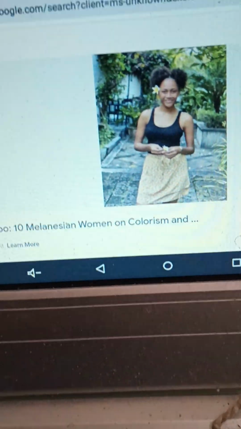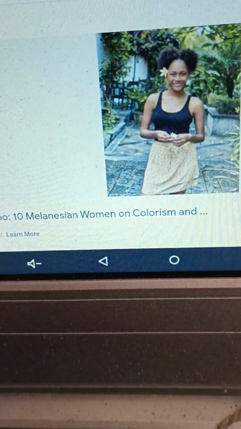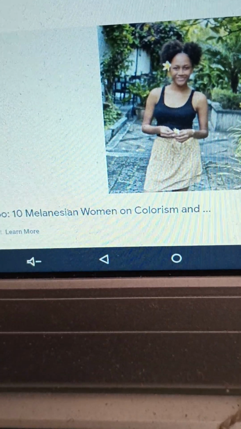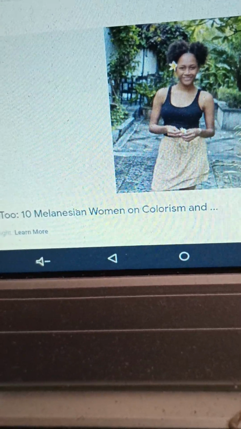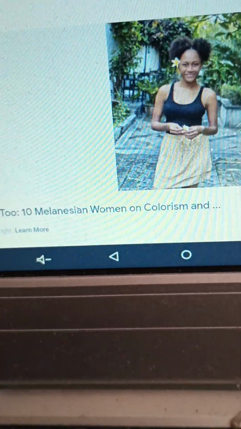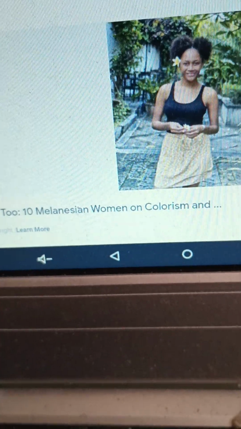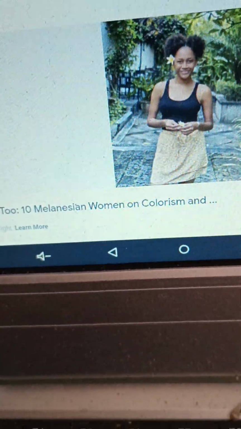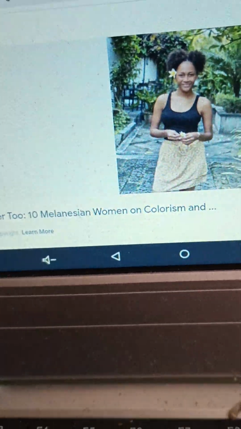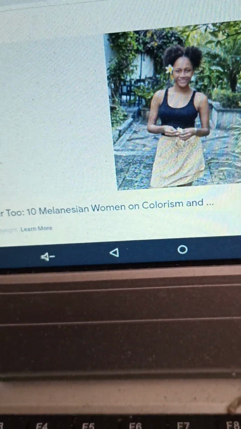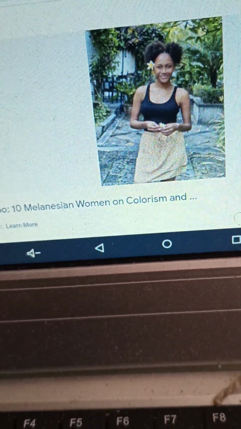Also, Melanesians are aware of their culture, and so far you don't have Black people claiming to be these people exactly, like claiming any particular ethnicity. What people will do is they will show you an image of a Melanesian person, and then they will talk about being Aboriginal American.